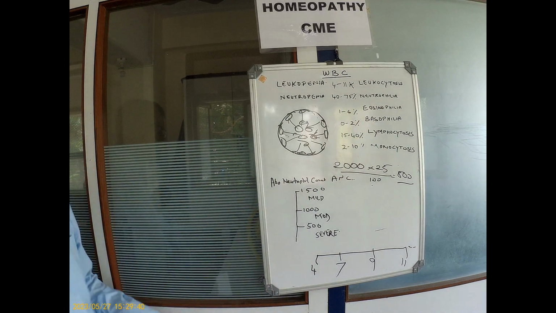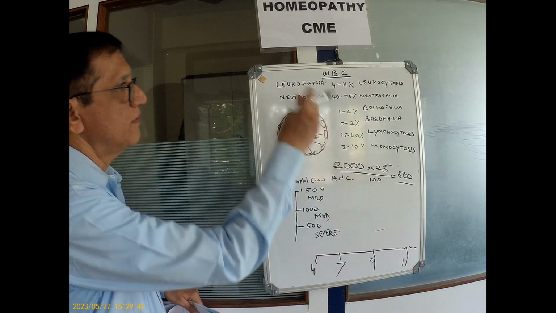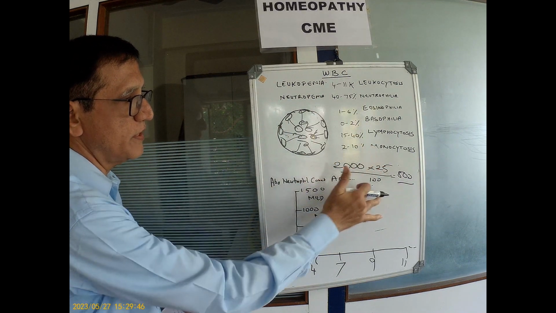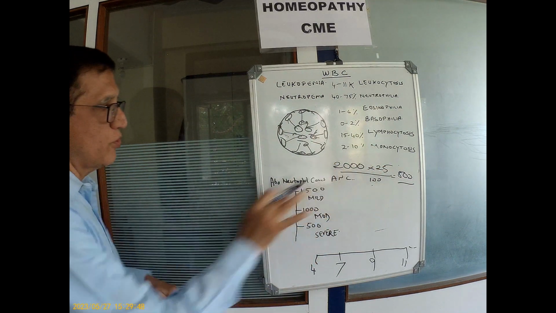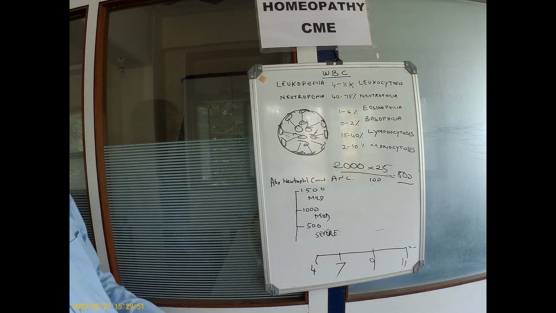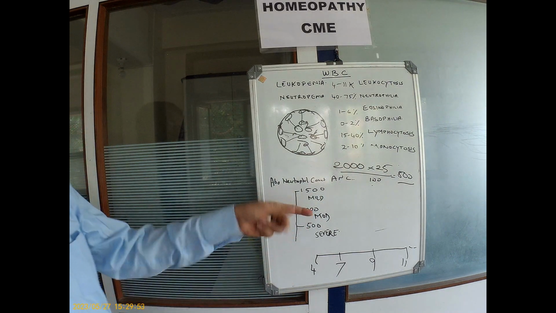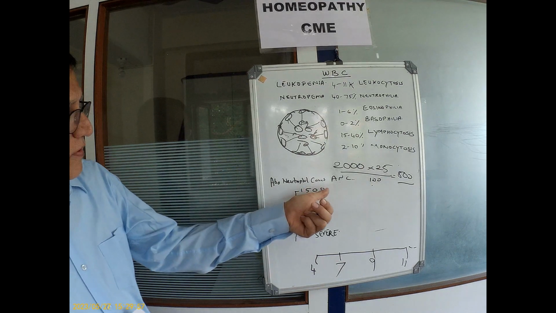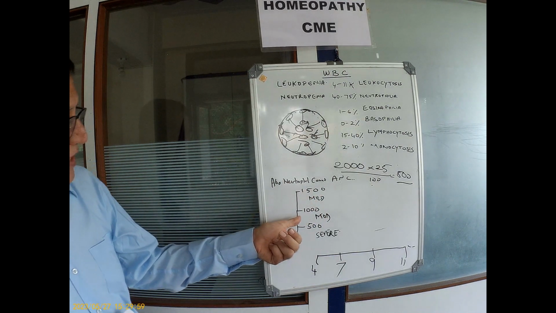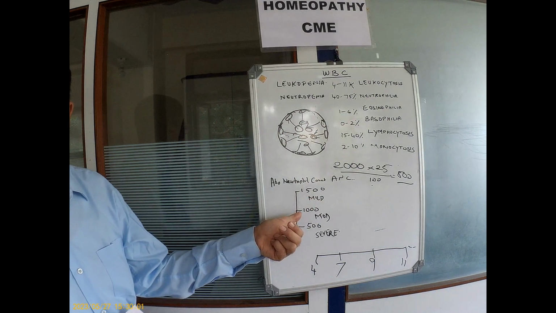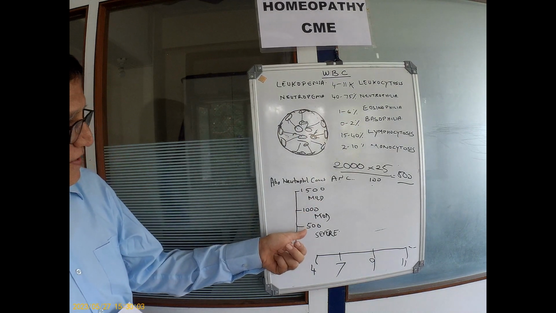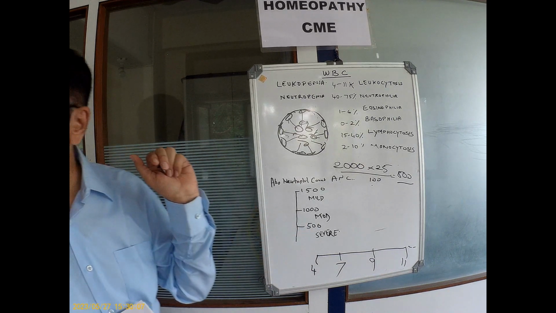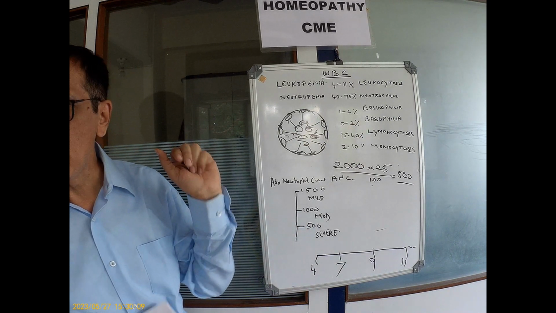It's just mathematics: WBC count times neutrophil percentage divided by 100. Now there are 3 stages: between 1,500 and 1,000 is mild, between 1,000 and 500 is moderate, and less than 500 is severe neutropenia. Correct?